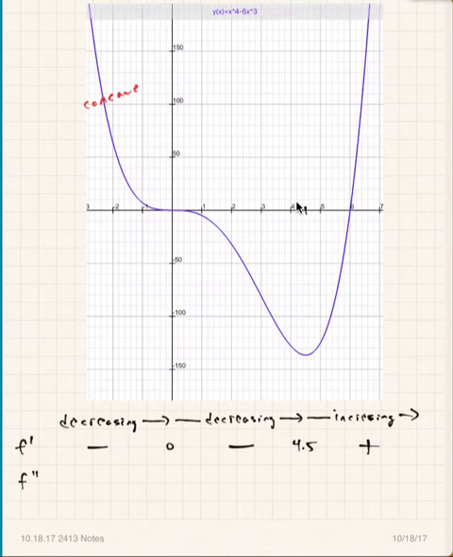So that's concave up right there. That's better. Until you get to 0, 0. 0, 0 is a point of inflection. And then what happens? The graph changes to concave down. And then what do we get? We got that at the point 3, negative 81, right here, you have a point of inflection.